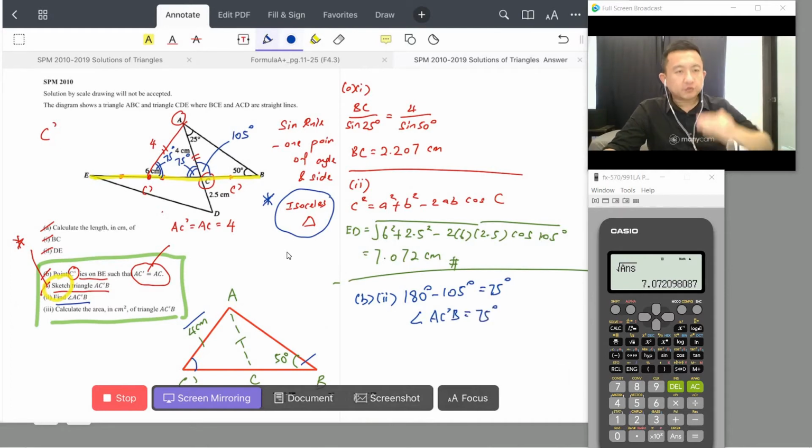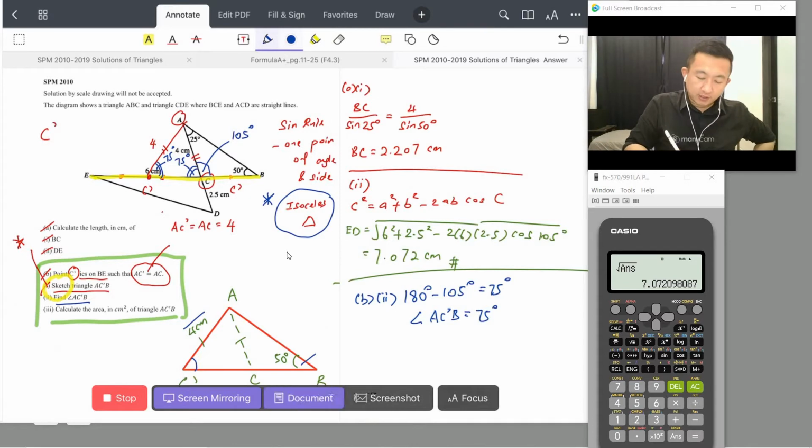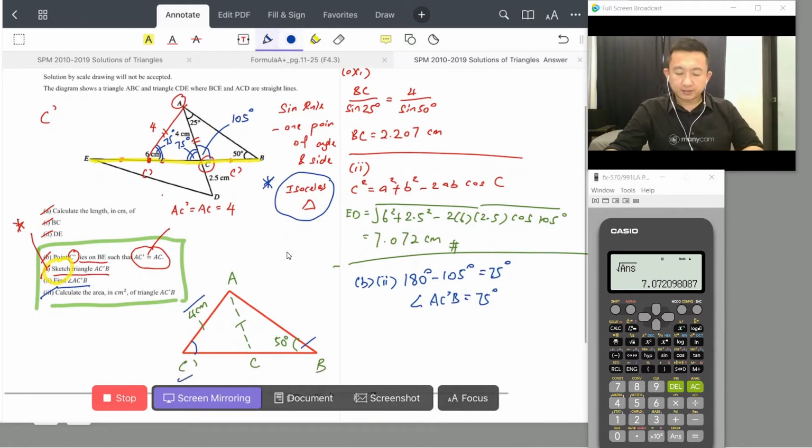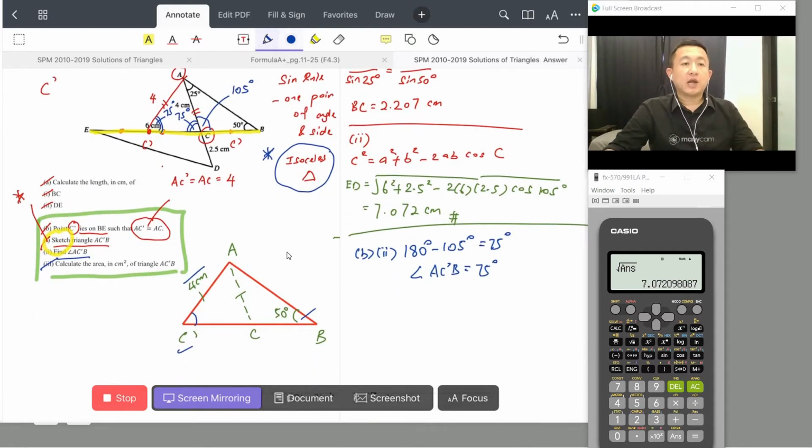Okay, so the first question is about sketching. Usually the second follow-up question will be finding the new angle. Now we look at the third part, calculate the area in cm squared of triangle AC prime B. So we look at the new triangle here, and we are required to find the area. So any area formula that you remember from this topic, right?